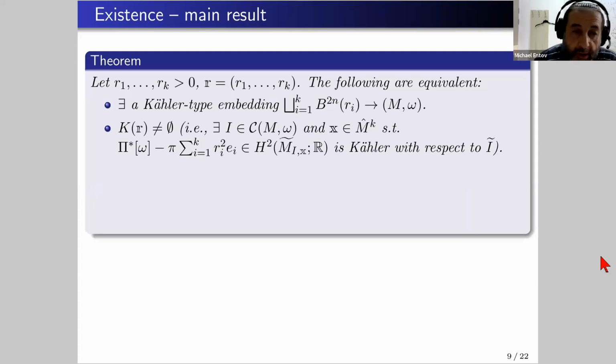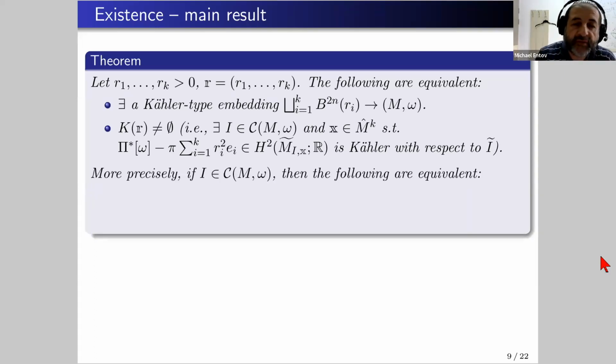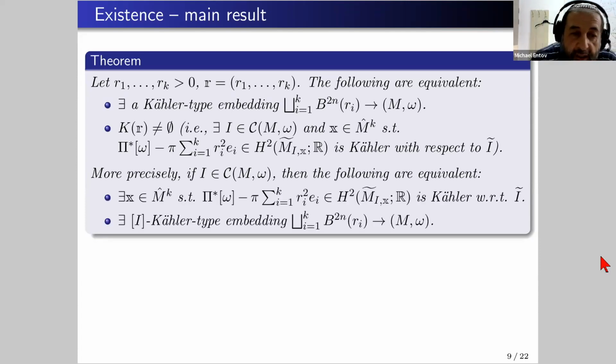In fact, you can say more. More precisely, if you already have some complex structure I on M compatible with omega, then the following are equivalent. There exists a k-tuple of points in M such that the blow-up with respect to that complex structure I at these points has the corresponding homology class Kähler.